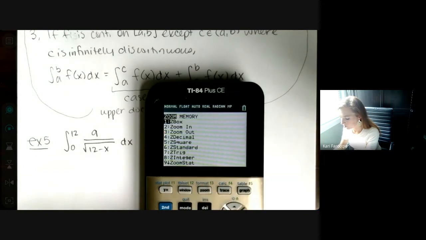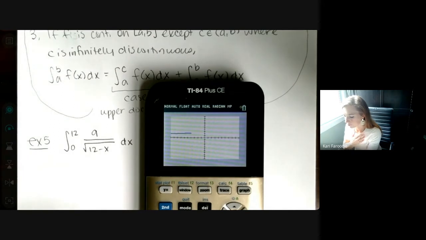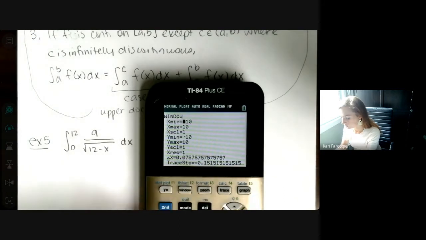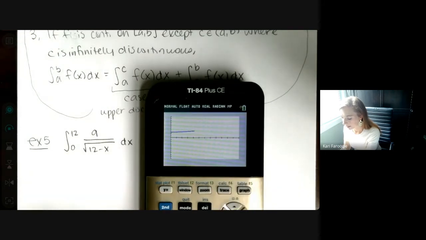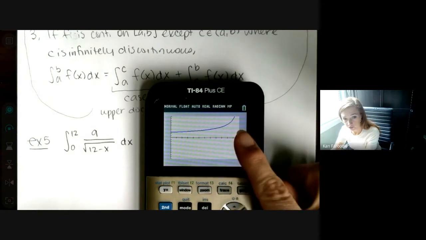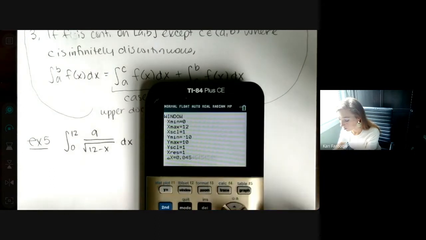And then I'm going to zoom standard again. I guess we're only going from 0 to 12, so that was really all we needed to look at. So maybe let's adjust our window to go from x is 0 to x is 12, and graph it here. Okay, now there's an asymptote at 12. If you have a hard time seeing that, take your window out instead, maybe to 20.